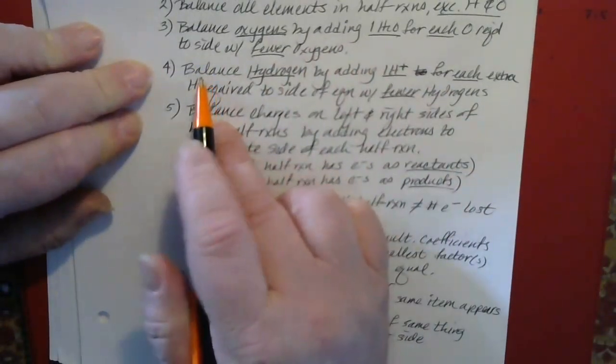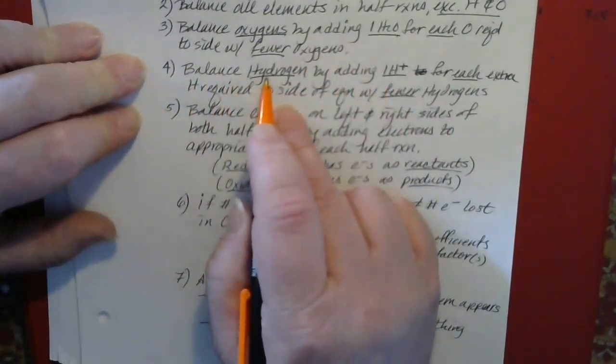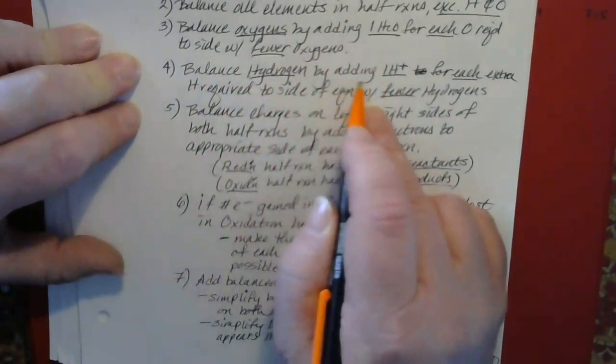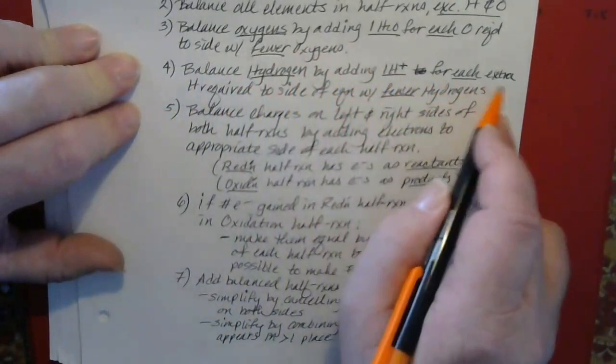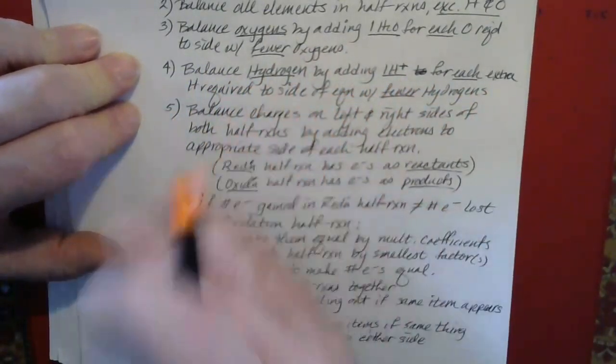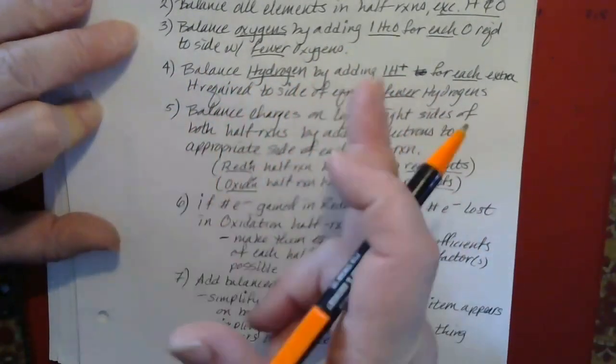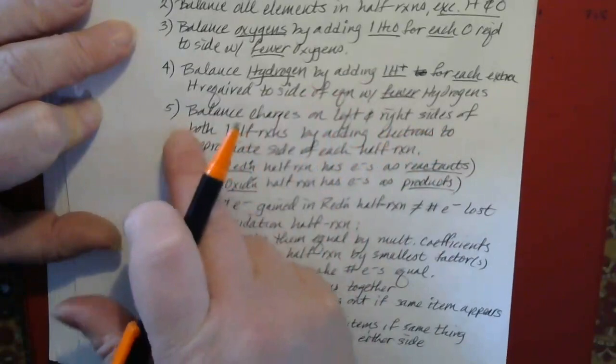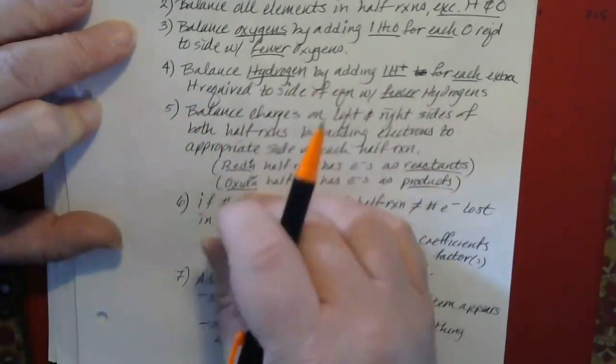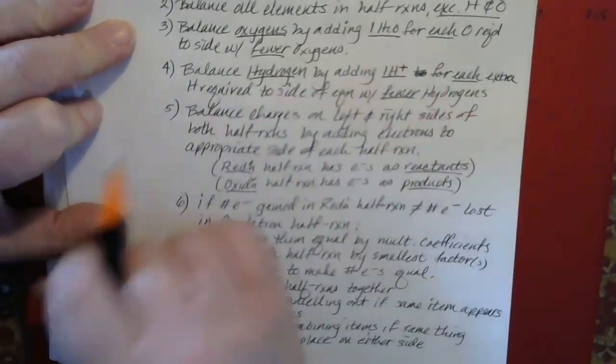Then, regardless of what kind of environment it's in, whether it's acidic or basic, either way, you would balance out the excess hydrogens by adding 1 H+ for each extra hydrogen required to whichever side has fewer hydrogens. So if you need, say, 4 more hydrogens on the product side, then you would just add 4 H+ to the product side.